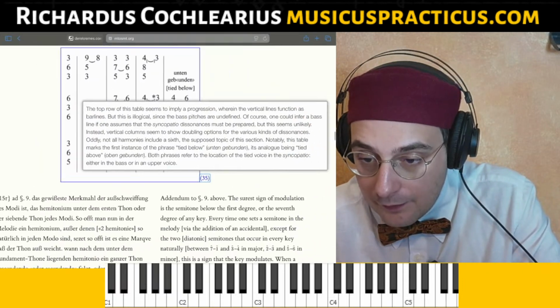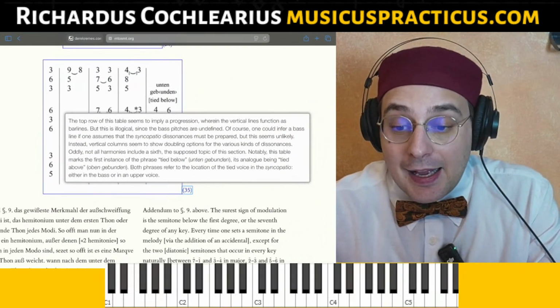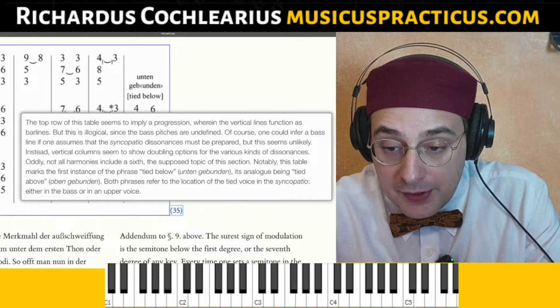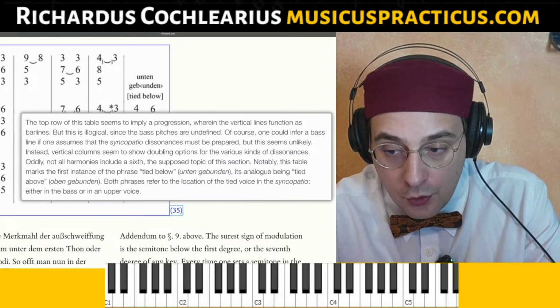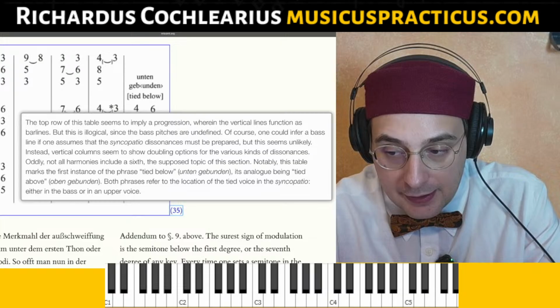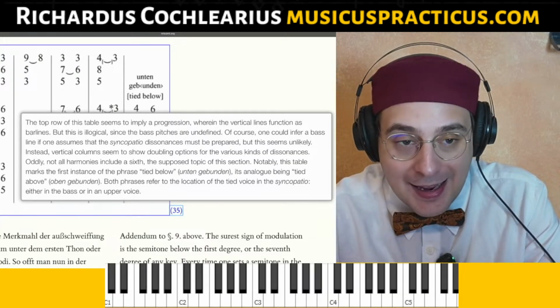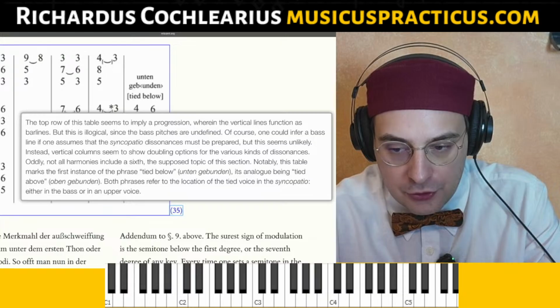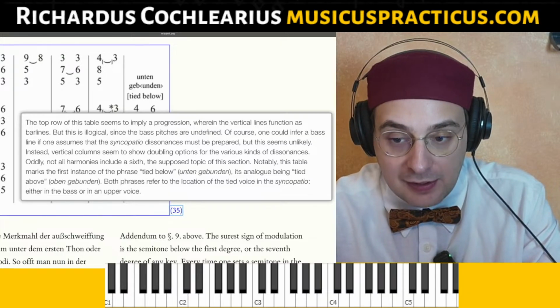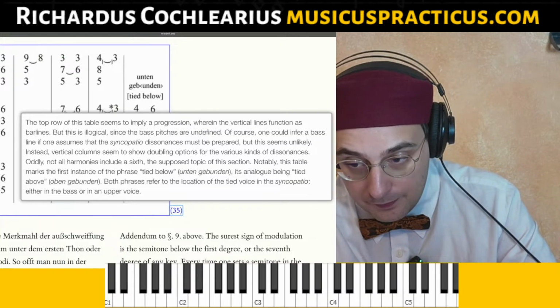35. Okay. The top row of this table seems to imply a progression, wherein the vertical lines function as bar lines. But this is illogical, since the bass pitches are undefined.